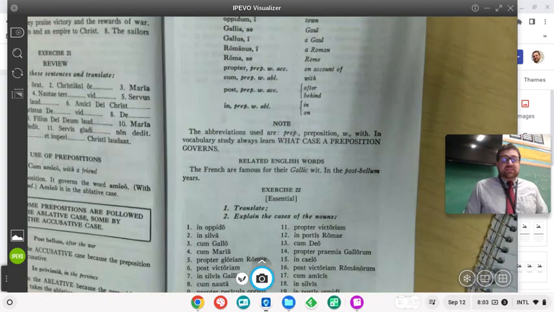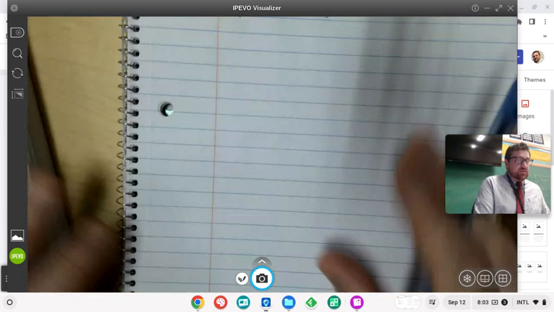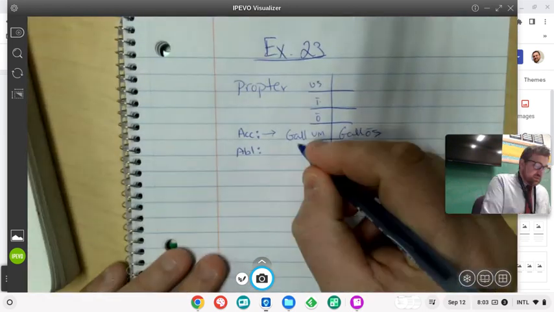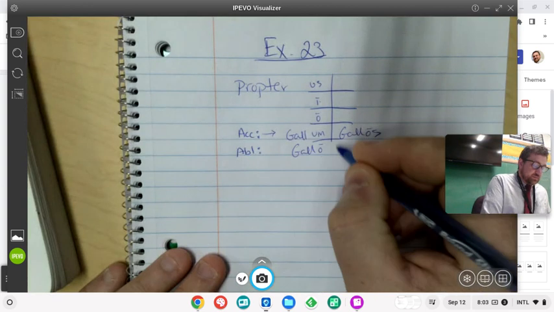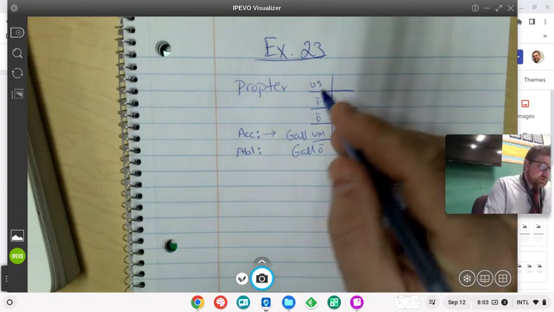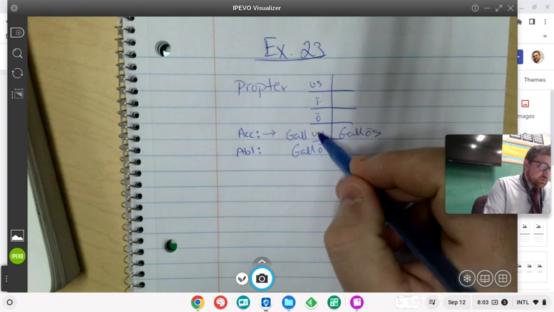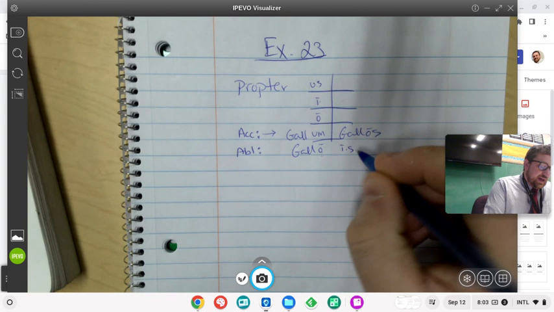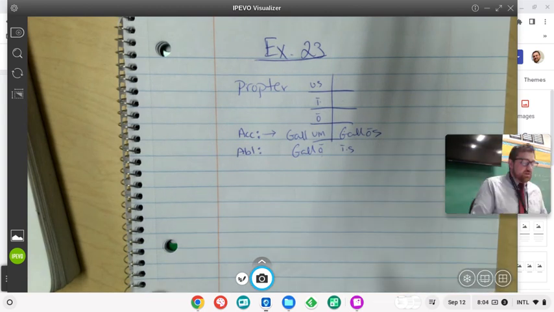Whenever we say with somebody, we're going to use the ablative. So with the Gaul would be cum Gallo. If I was saying with the Gauls, I would say cum Gallis. Cum Gallis would be with the Gauls.